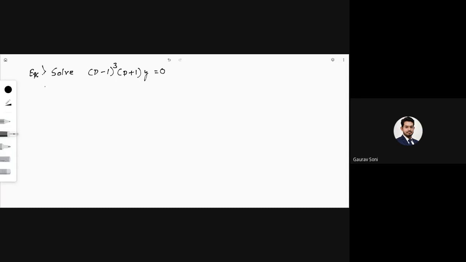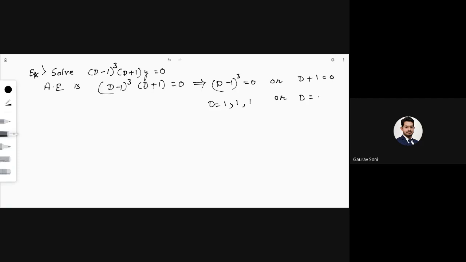So the auxiliary equation for this will be (D minus 1) cube into (D plus 1) is equal to 0, which means that (D minus 1) cube is equal to 0 or D plus 1 is equal to 0. So (D minus 1) cube, which means that D is equal to 1, comma 1, comma 1. So 1 is repeated 3 times, or D is equal to minus 1.